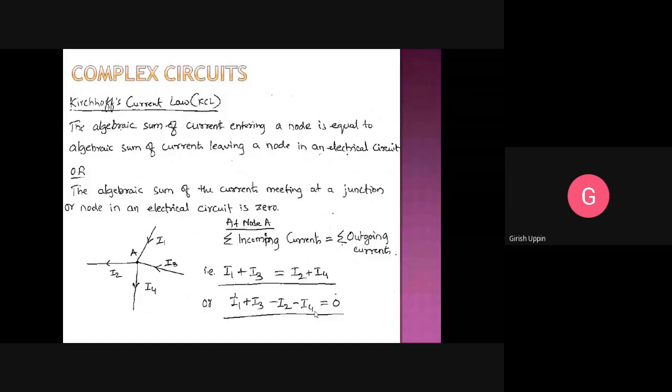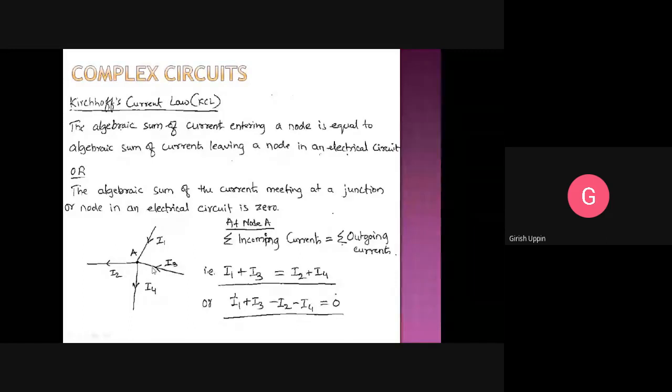Okay, first we will begin with Kirchhoff's current law, KCL. Kirchhoff's current law is very simple, and it is very intuitive. It means it is naturally how things should happen. That is what is explained by Kirchhoff's law. So what the law says is, this is a node, an electrical node or electrical junction, and many branches are connected there.